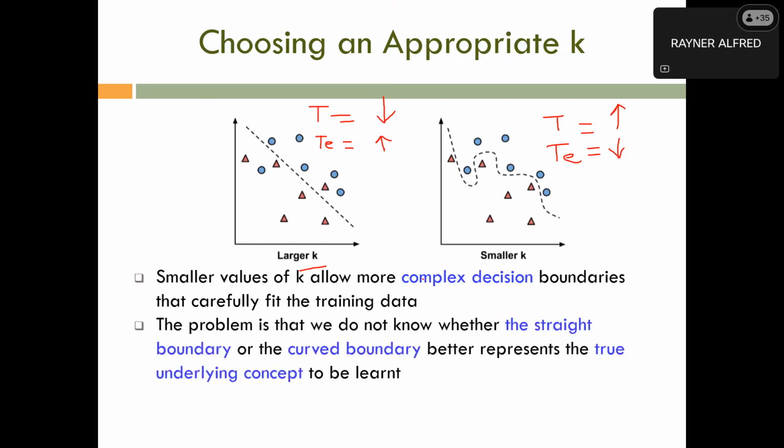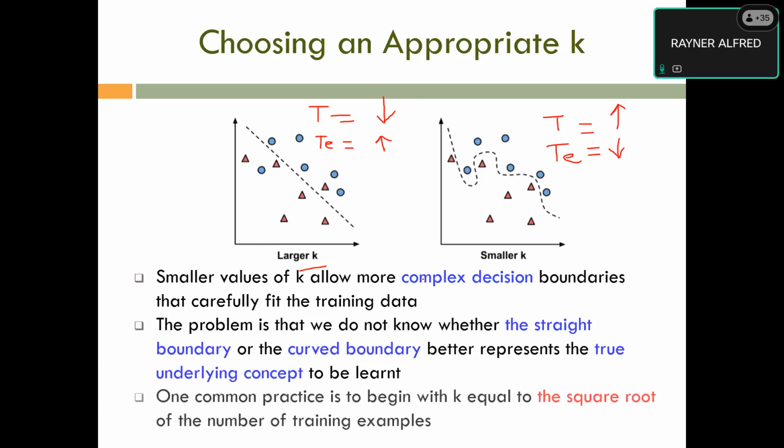Okay, the problem is that we do not know whether the straight boundary or the soft boundary better represents the true underlying concept to be learned. Okay, so one common practice is to set k equal to the square root of the number of training samples. So if you have 100 samples, the best k would be the square root of this, which is 10.